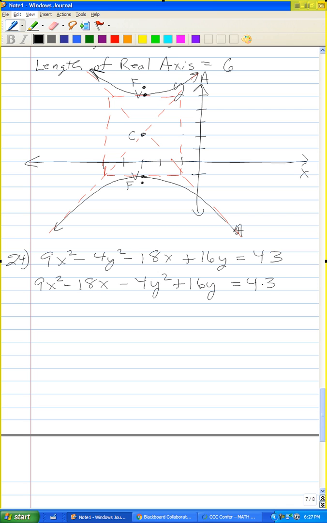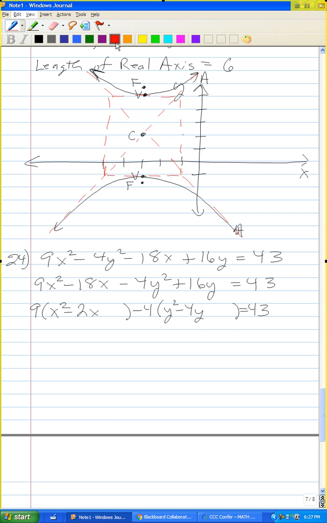And so let me group the x's and y's together so that I can factor out a 9 from the x's. So I have 9 times x squared minus 2x. I can factor out a negative 4 from the y's. So negative 4 times y squared minus 4y equals 43.